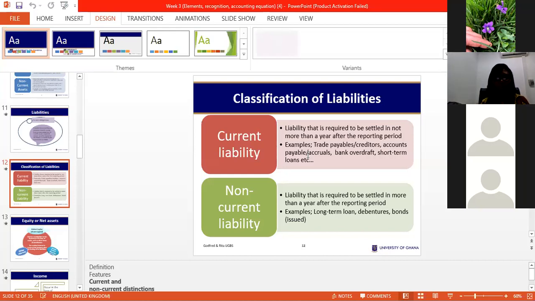Then the non-current liabilities are expected to be settled in more than a reporting period. Beyond a reporting period, and they may include your long-term loans, your debentures, your bonds. So if you go for a loan and the bank tells you 2-3 years, that will be captured under a non-current liability.